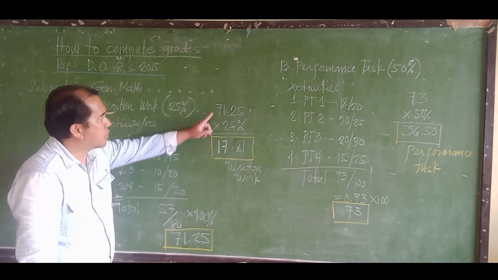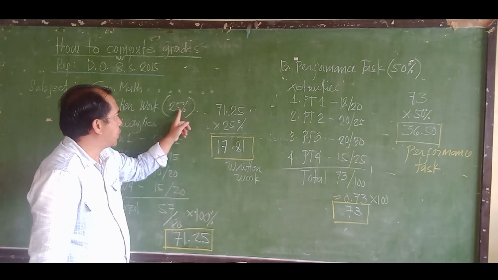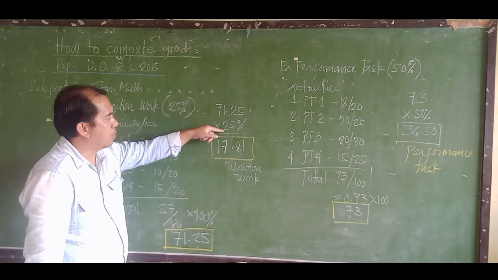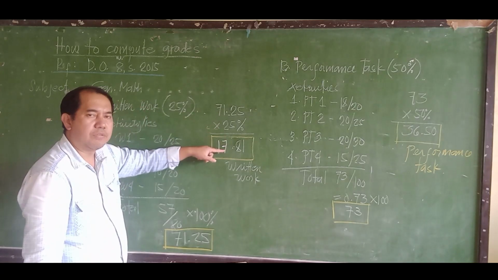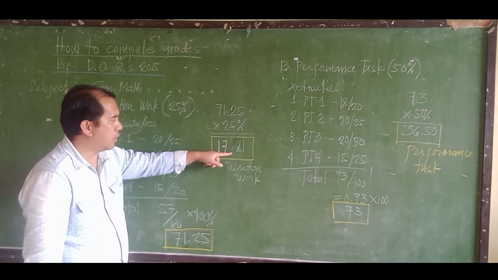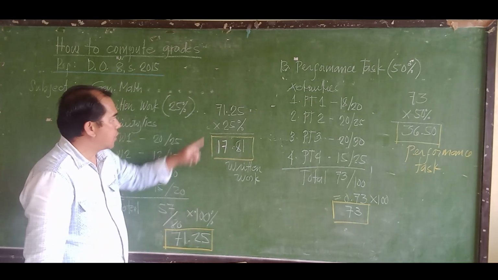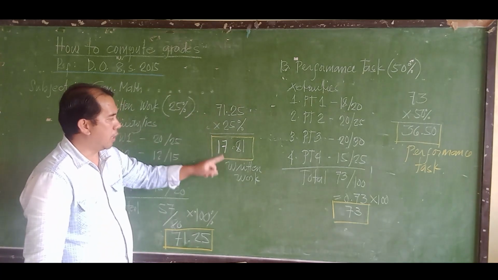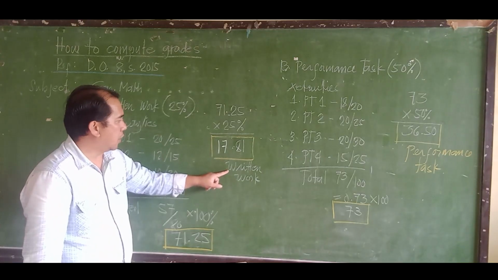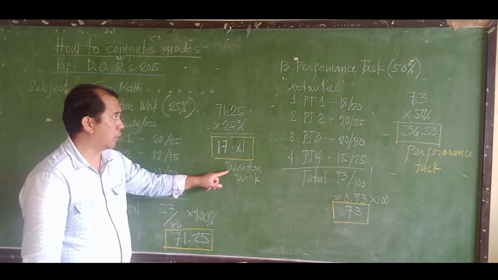That is 71.25 times 25%, which is the weight of the written work. So I have here 17.81. That is the 25% of 71.25, and that is considered the weight coming from the written work. Okay, so that is how to do it.